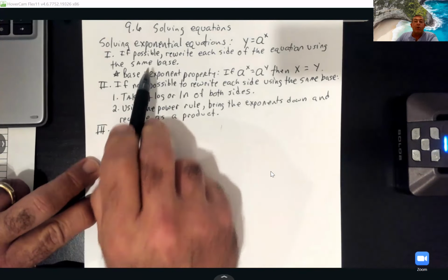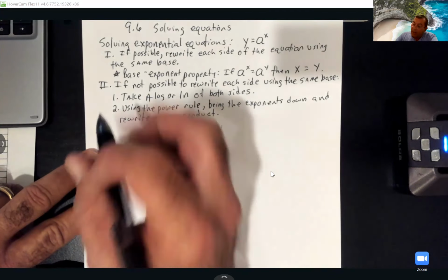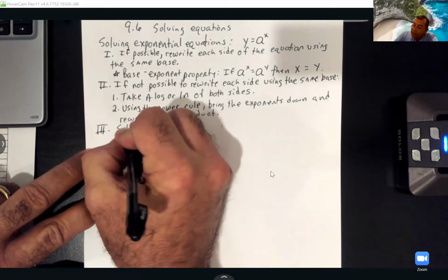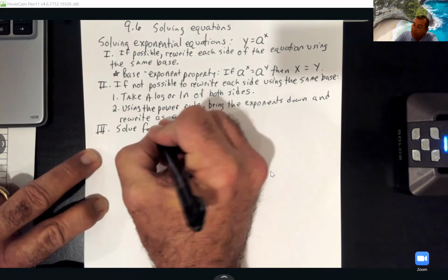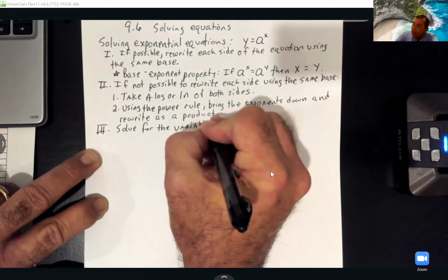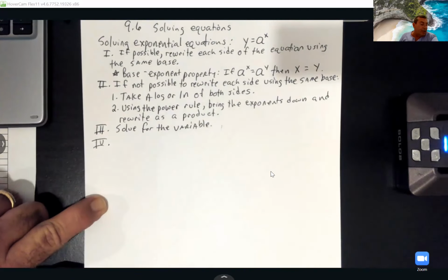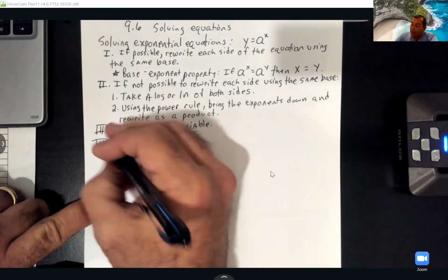All right, so either I did step one or I did step two. After doing one of those two steps, I'm then going to solve for the variable. And then y'all, the last thing on any equation, check your answers if needed.